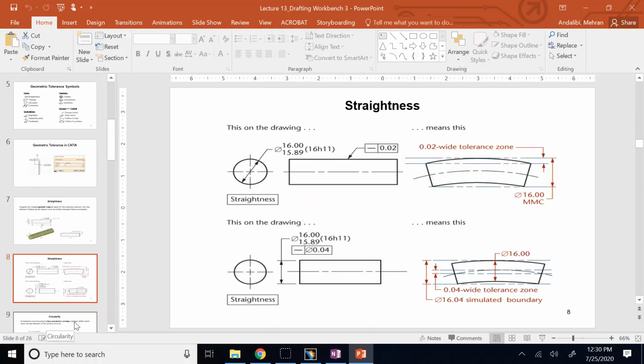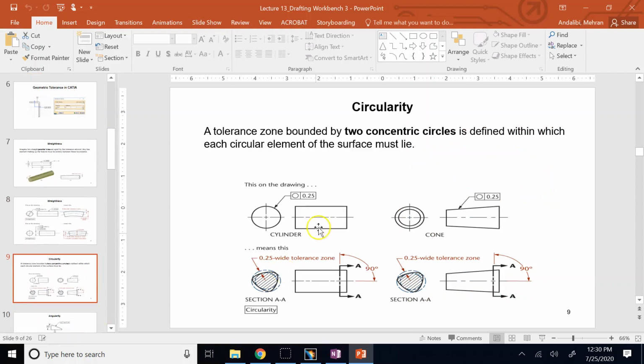Or let's say you are using the lathe machine and you are doing cutting on a circular object, and I really want you to give me a part that is circular. I don't want you to give me a part that is like this. So I don't want you to mess up the machining.